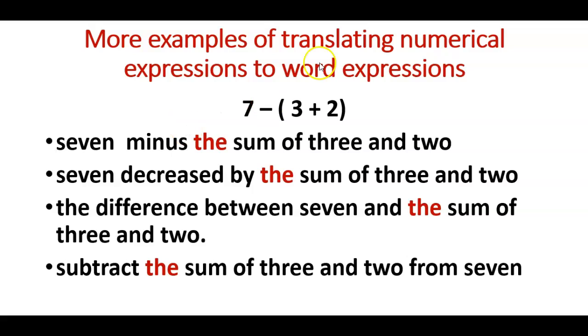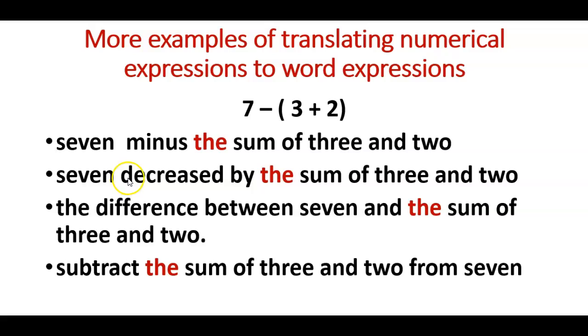We use the article the. Okay? Remember, if there is parenthesis, we are going to use the article the before the operation inside the parenthesis. So 7 minus what? What are we going to subtract from 7? The sum of 3 and 2. Okay? Not 3, not 2, but the sum of 3 and 2, which means to say you're going to find the sum first of 3 and 2 before subtracting it from 7.